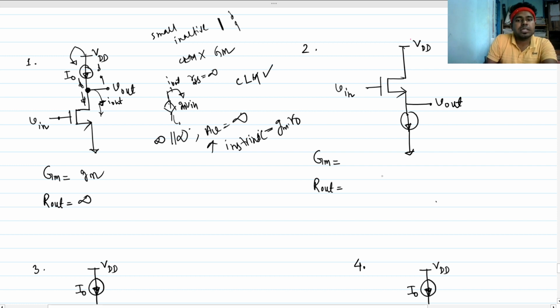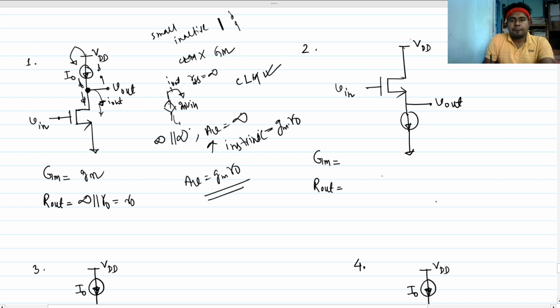The output impedance will be infinite for the independent constant current source in parallel with the r naught of this MOSFET, so this will be nothing but r naught as well. So the gain AV will be gm into r naught. This is a very easy circuit, but you have to tell it in this way.